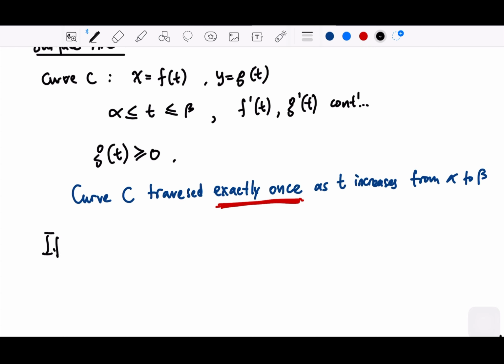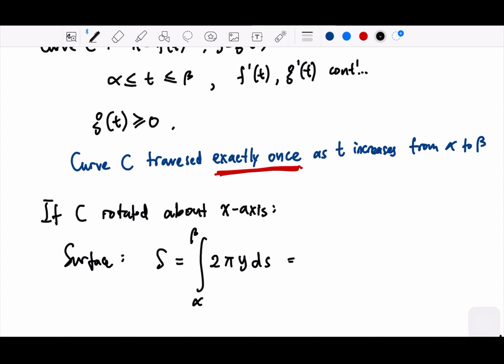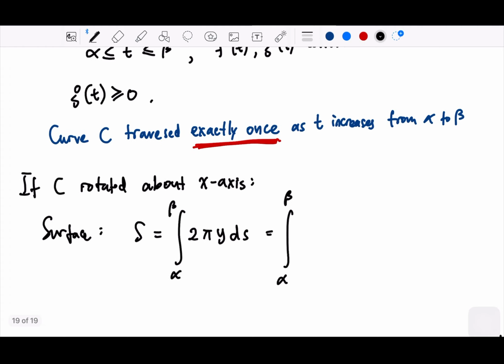Okay, if C is rotated about the x-axis, then the resulting surface S is the integral of 2 pi y ds, right? And simply, the ds, because it's parametric, of course it will be in dt. So no worry about finding which one, dx or dy.